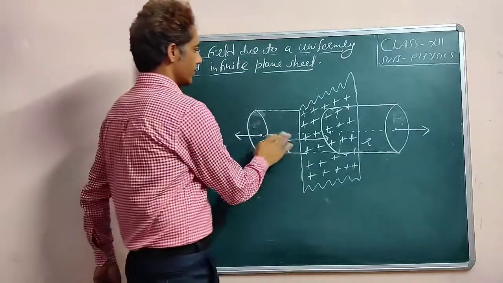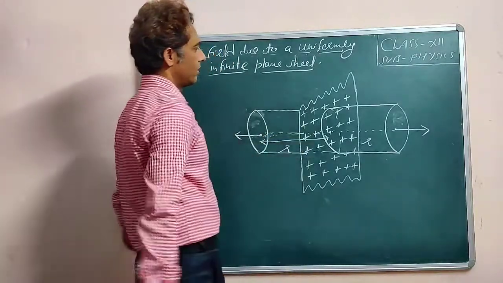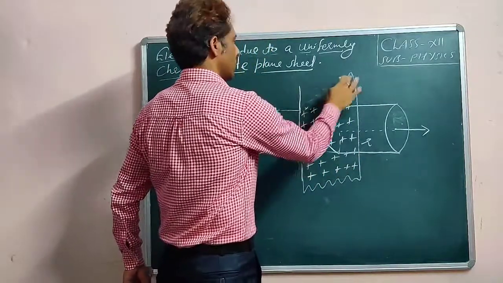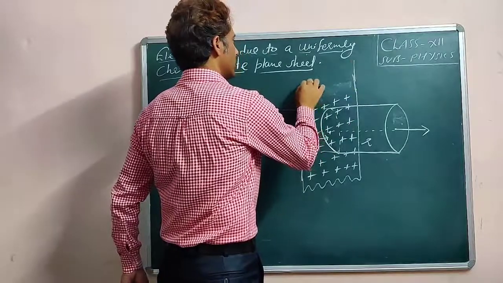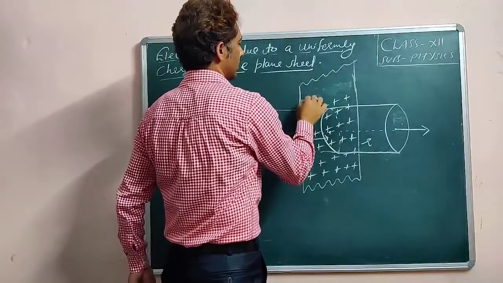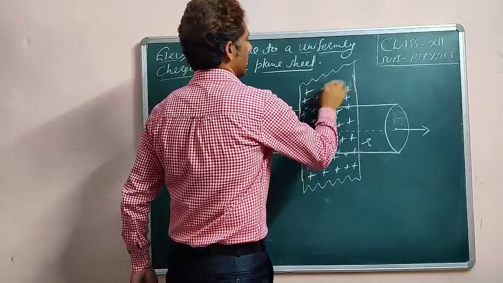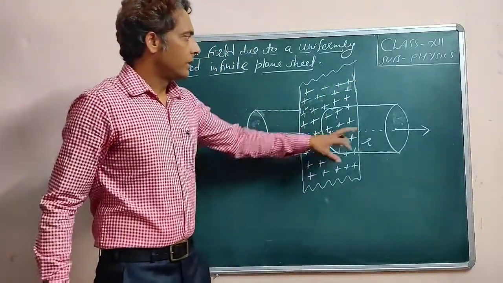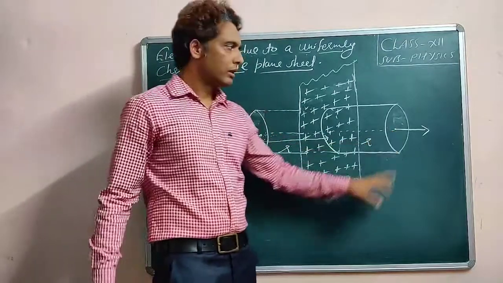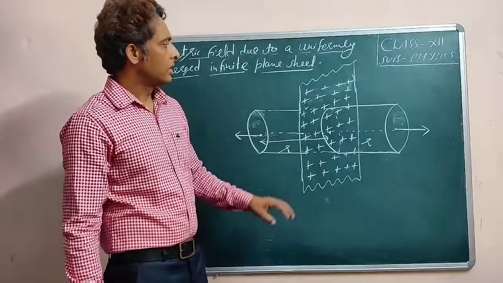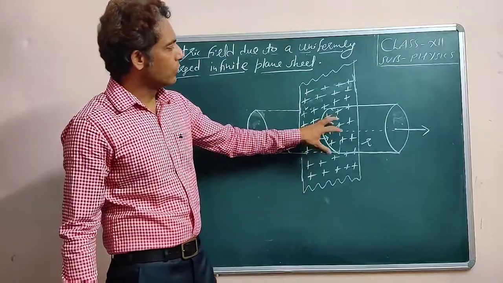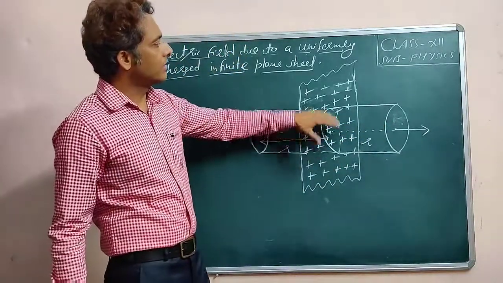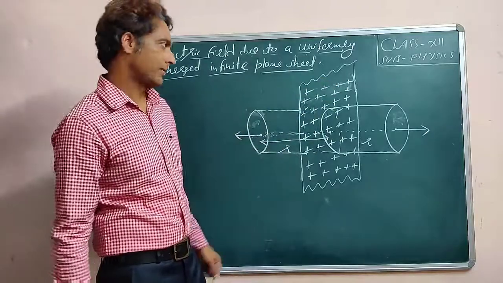So this is the Gaussian surface. We can extend this sheet to large dimensions. Here I just want to say that the electric field at this point is due to charges enclosed by this Gaussian surface as well as the charges outside the Gaussian surface.